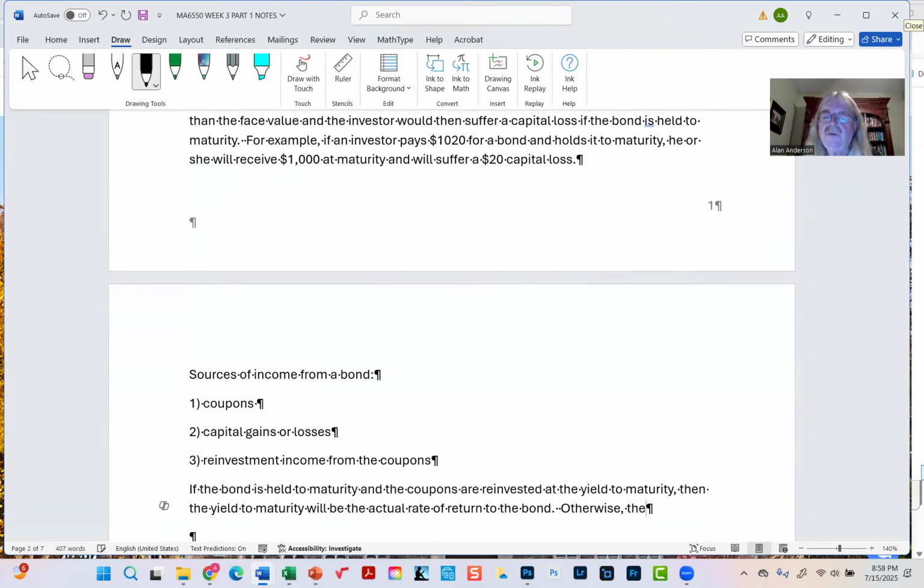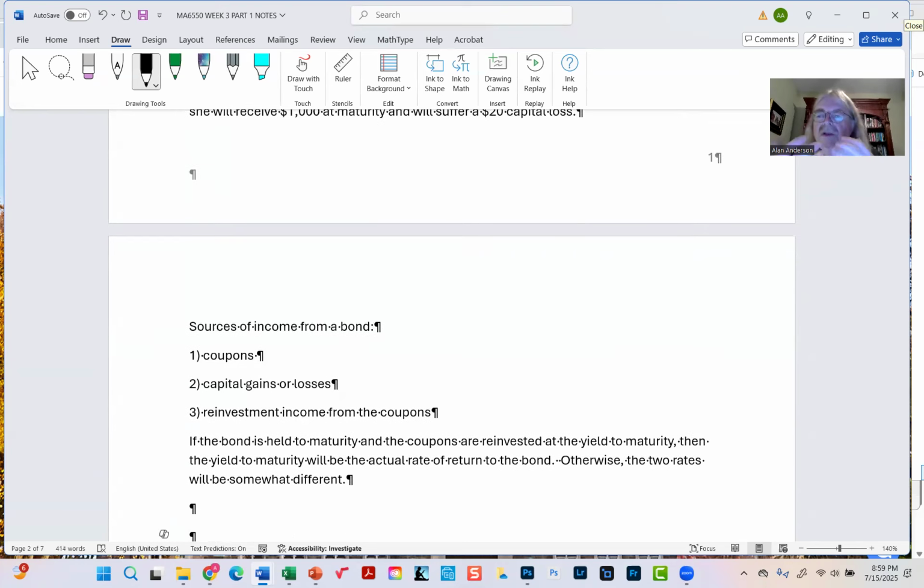Otherwise, the two rates will be somewhat different. Not radically different, but different. So in other words, if let's say you have a bond with a yield to maturity of 8%, and some of these assumptions are false, you might end up with an actual return of, let's say, 7.92 or 8.04, depending on what happened with the reinvestment income. Okay. So the yield to maturity can be thought of as approximately the rate of return to the bond.